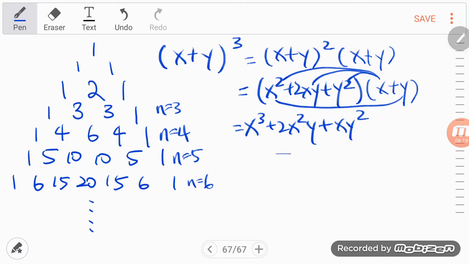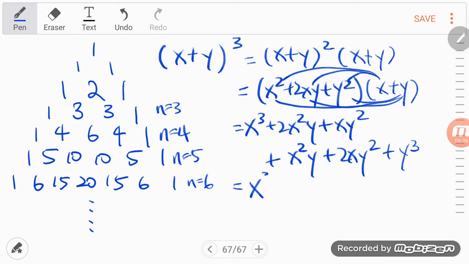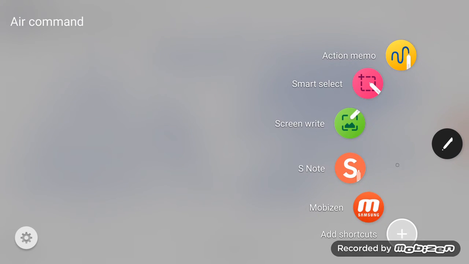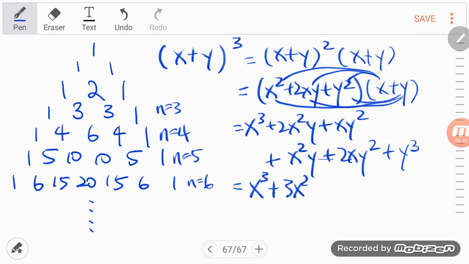That will be x squared y plus x squared y plus 2xy squared plus y cubed. Okay, so I can clean this up. I'll get x cubed plus 3x squared y plus 3xy squared plus y cubed.